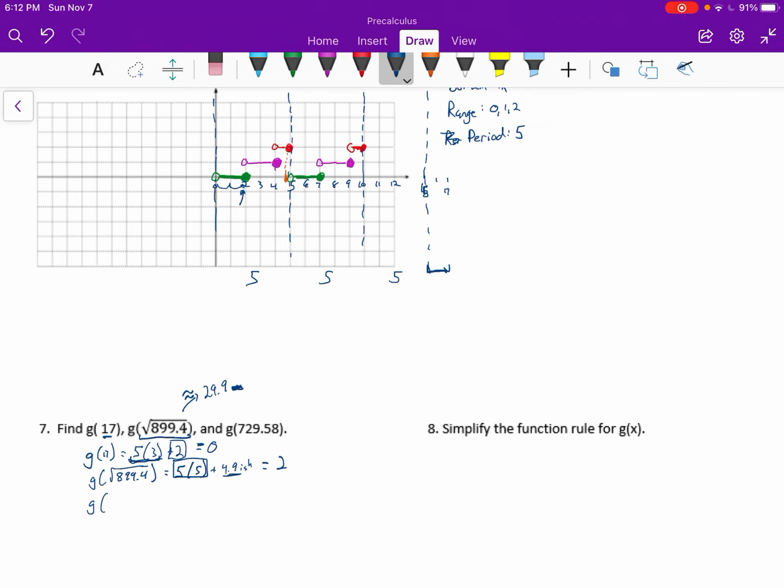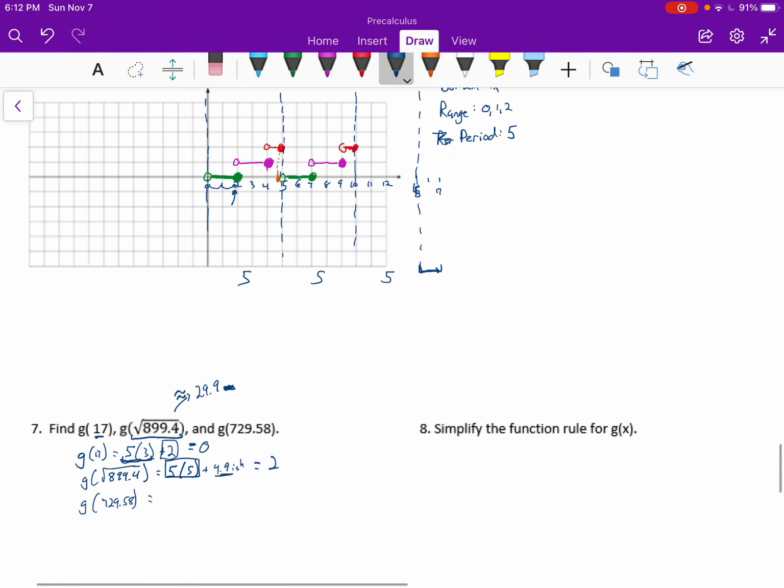And then g of 729.58. Well, just thinking through this one, 5 goes into 100 20 times. So going to 100, we would really just be looking at something that looks like this section. Well, if we go 7 times, we're at 700.